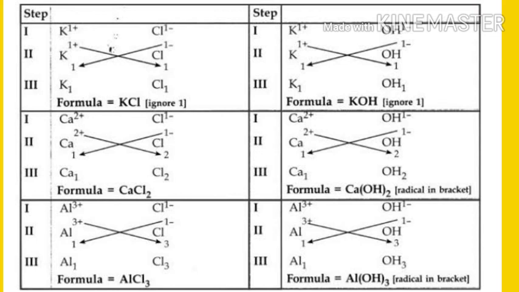So the thrice positive means the numerical 3 will go with the chlorine and the 1 will go with the aluminum. Hence the formula becomes AlCl3. Likewise, students, we can write the molecular formula of potassium hydroxide as KOH, calcium hydroxide as Ca(OH)2, and aluminum hydroxide as Al(OH)3.